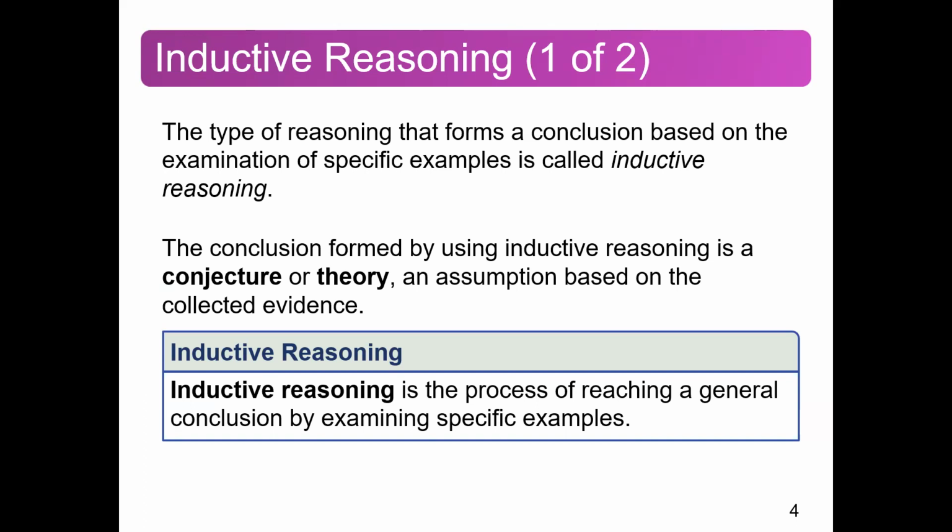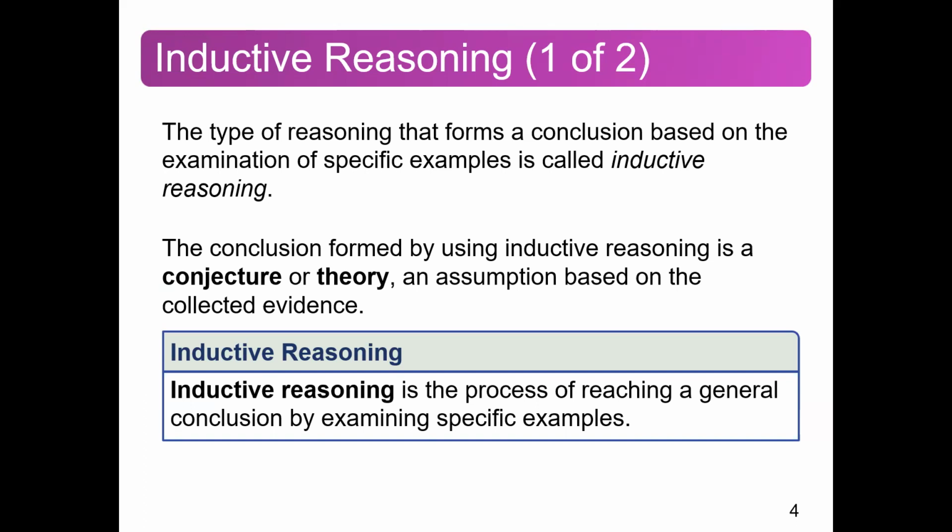So, inductive reasoning is very useful, especially in science and engineering, because you are trying to come up with a theory or a conclusion based only on very specific experiments.